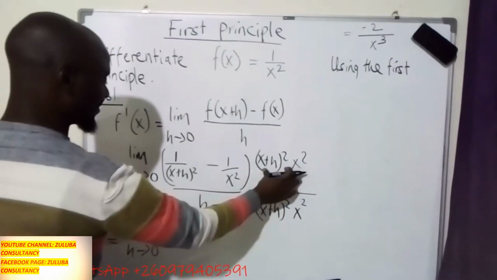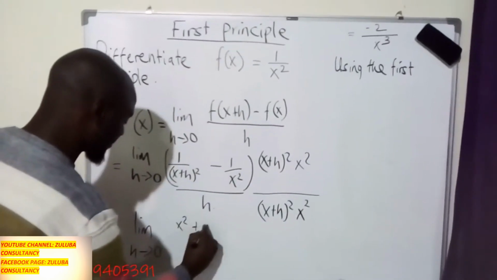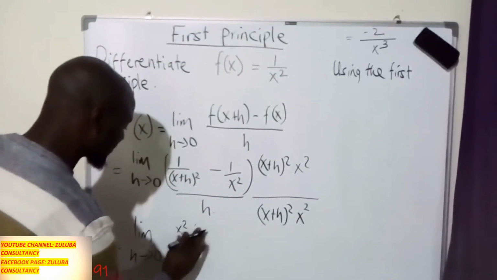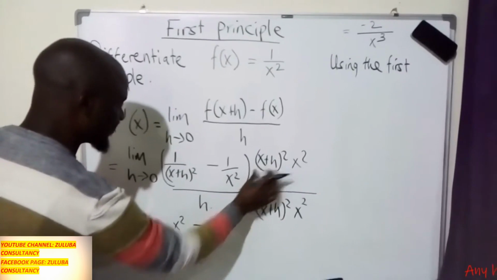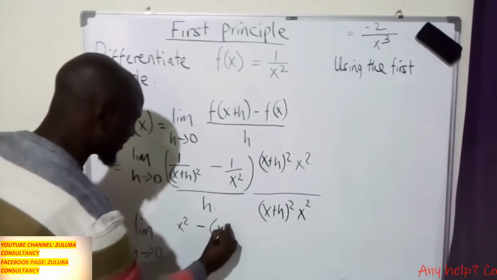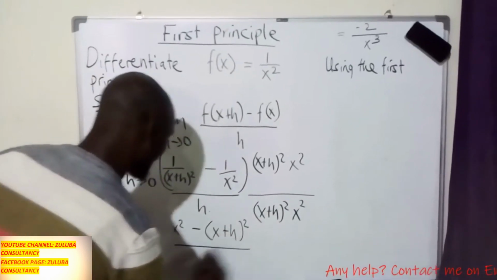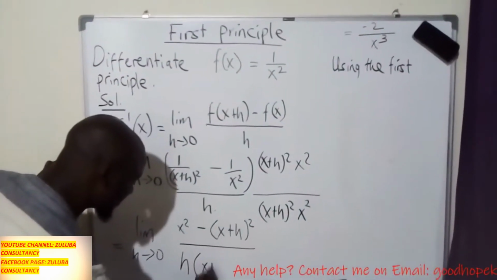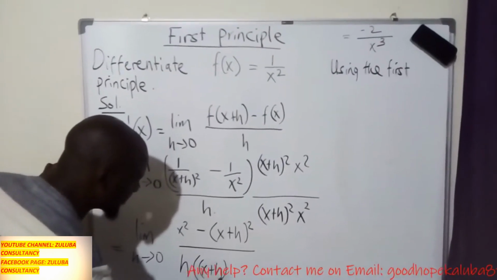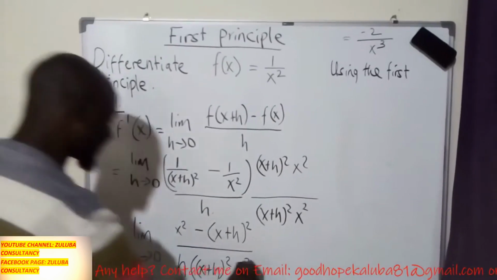When I multiply this with this, it will simplify, so I'll remain with this minus x squared all over h, then x squared and x squared.